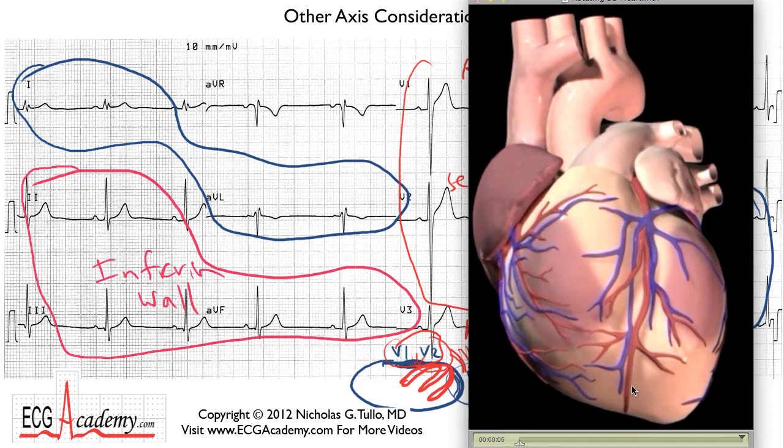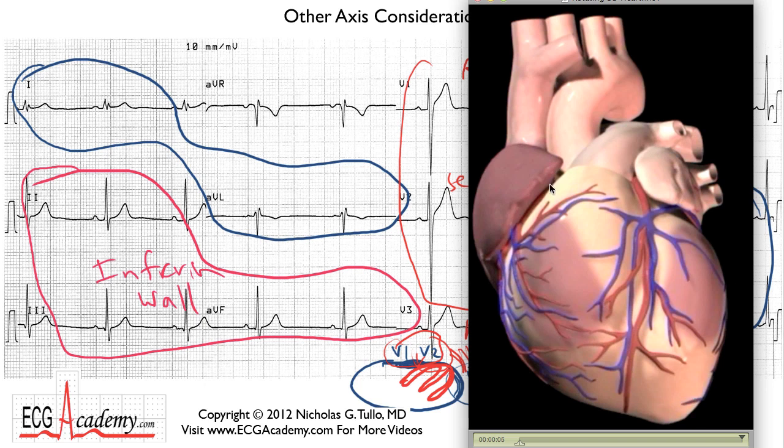This is a front view of the heart with the right ventricle over here and the left ventricle on this side. Coronary arteries include the left anterior descending, which basically runs through the interventricular groove and gives off branches to the lateral wall. These are known as diagonal branches. So when you see coronary problems with the left anterior descending, usually affects the septum, the anterior wall, the lateral wall, and the apex.